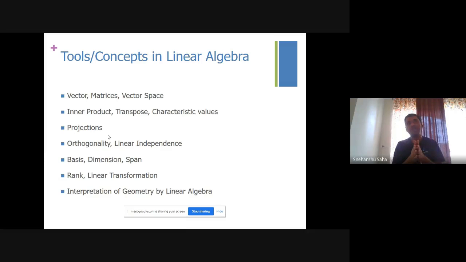And there we said that there are a bunch of very, very important results in linear algebra which are used. One is that if your matrix or the linear transformation is a real and symmetric one, then the corresponding eigenvalues are real and distinct. And that's a very important result. And if those corresponding eigenvalues are real and distinct, the corresponding eigenvectors are orthogonal to each other, which are exactly the principal factors of PCA.